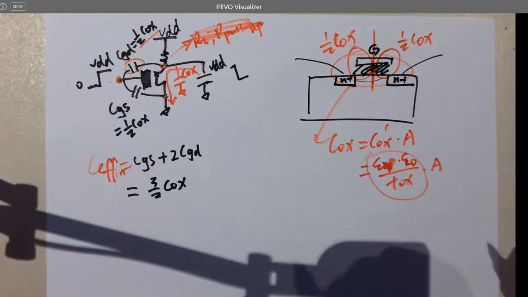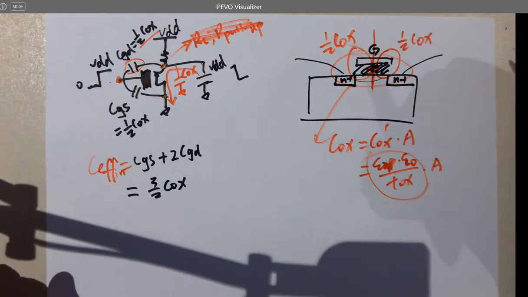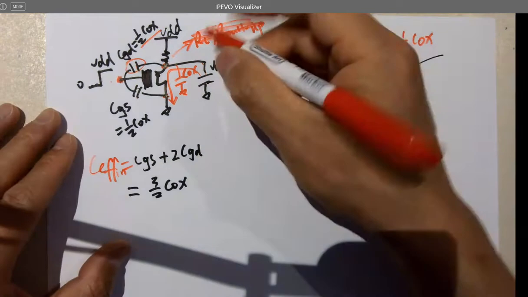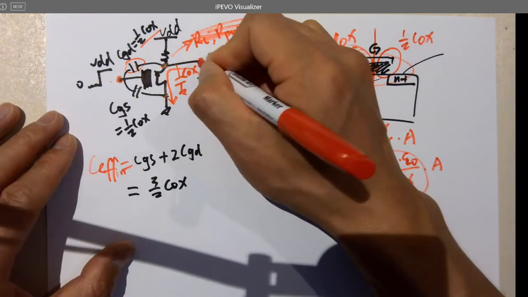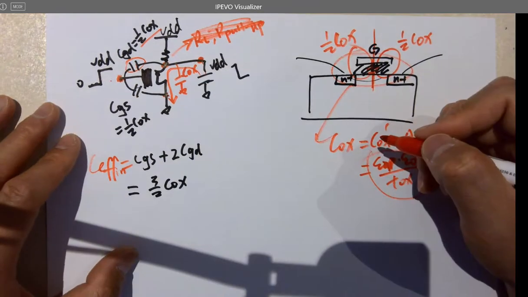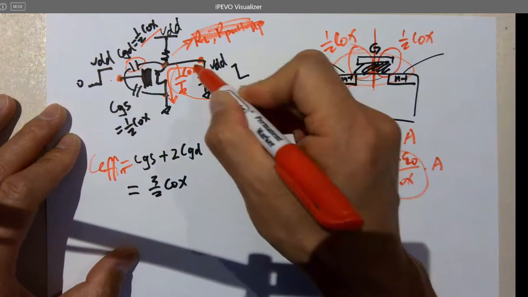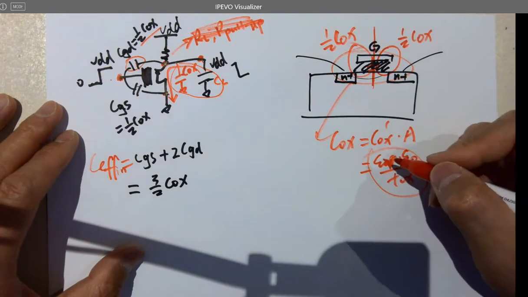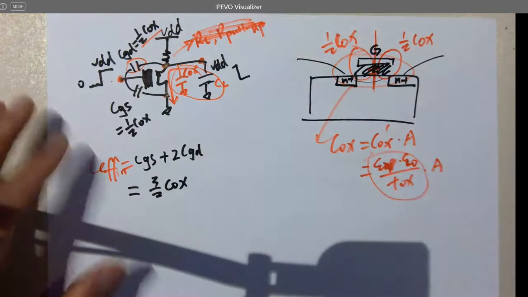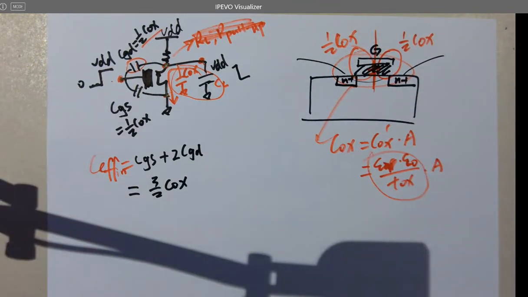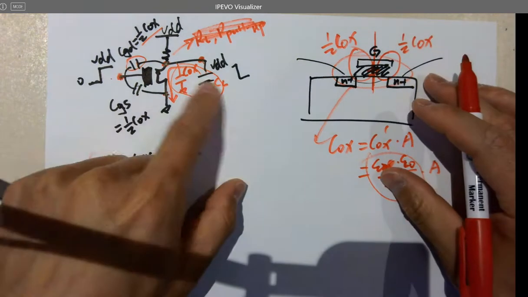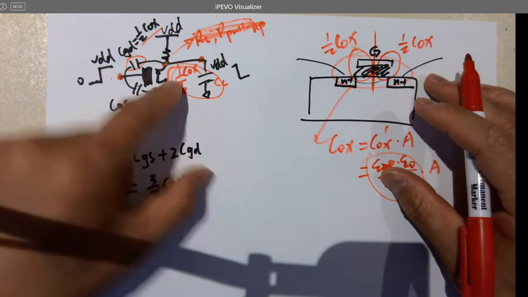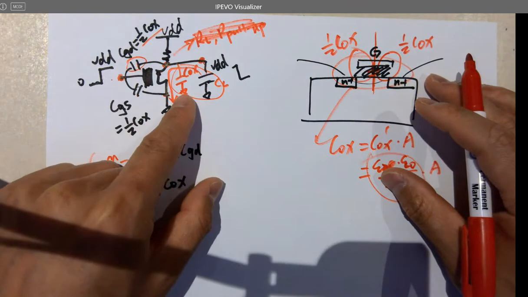One Cox, not a half Cox, because of the mirror effect. So the overall capacitive load at the output pin becomes Cox plus C load. C load is anything from the load. Whatever is a black box has a capacitive load of CL. So CL plus Cox because they're in parallel, right?